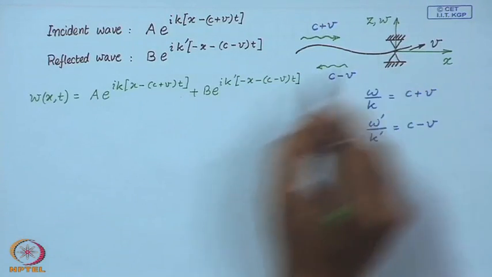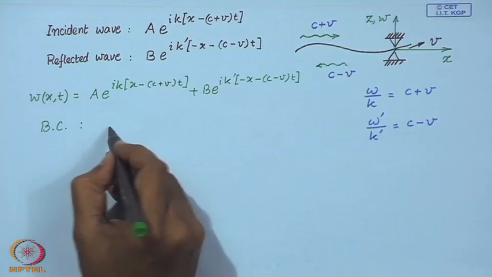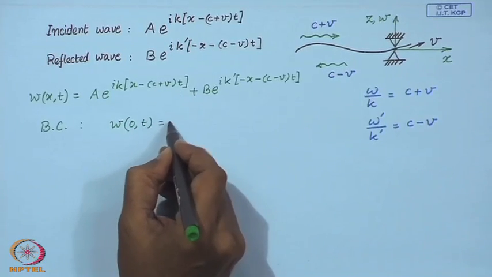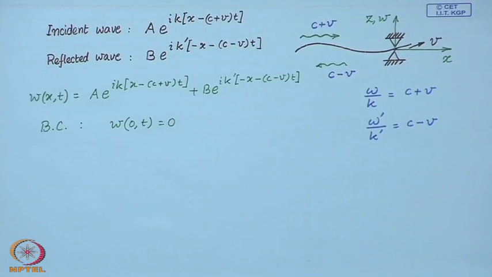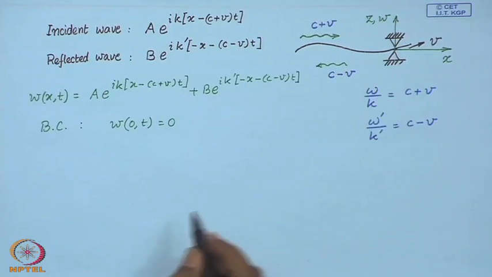Now, the boundary condition is given by the 0 displacement condition at x equal to 0.